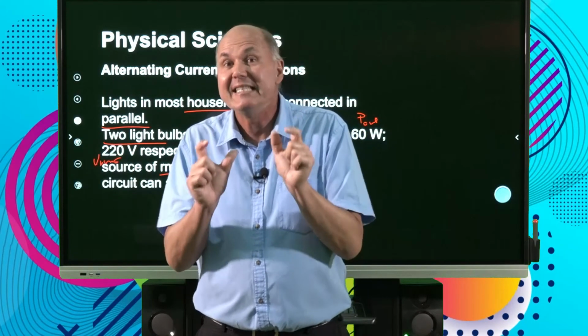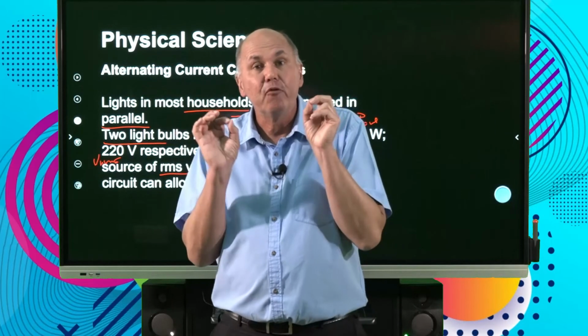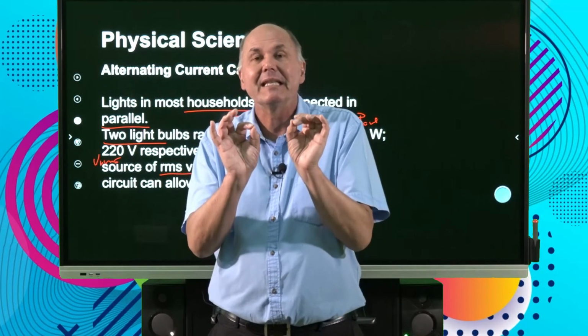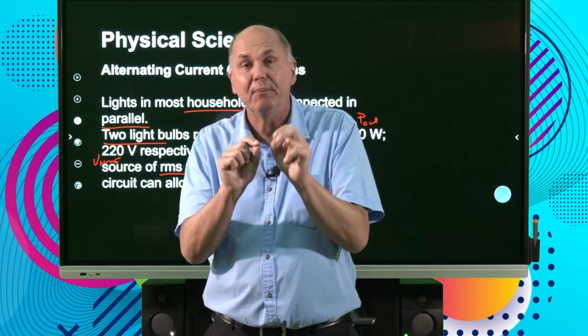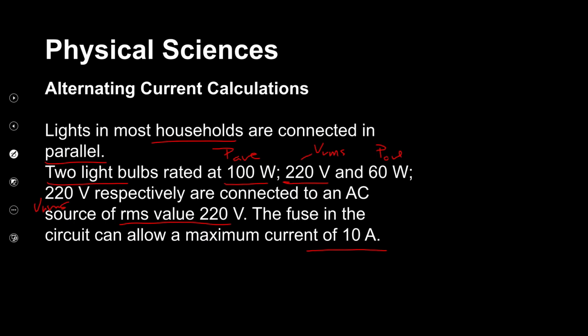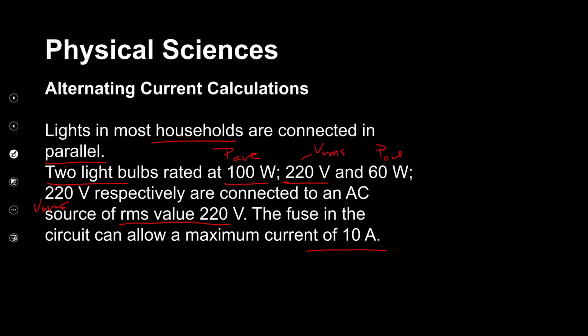So it is definitely not the RMS value. The fuse value is a peak value. In fact, it might be exactly the peak, but might be slightly higher just to protect things. You don't want it to go over the peak, okay? But you don't want every time it hits the peak for the fuse to break, so it'll be a safety mechanism.